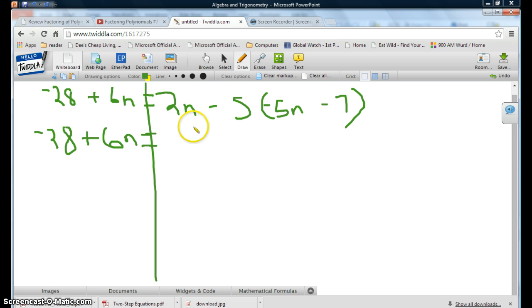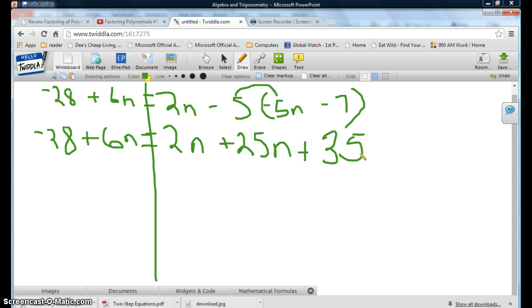On this side, I can't do anything with this 2n, but look, I can distribute this minus 5 times minus 5n, so that equals a plus 25n, plus 5 times minus 7 is a plus 35.